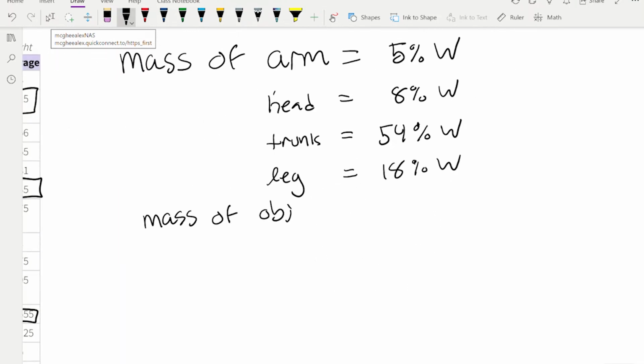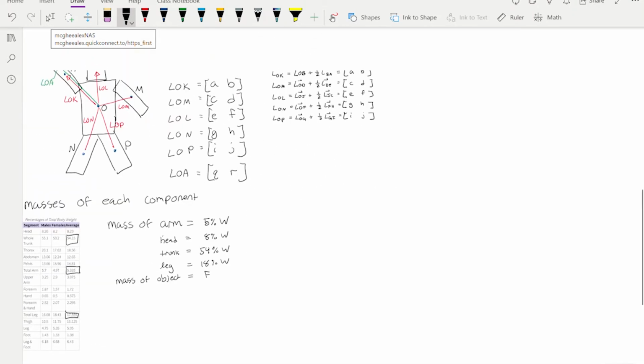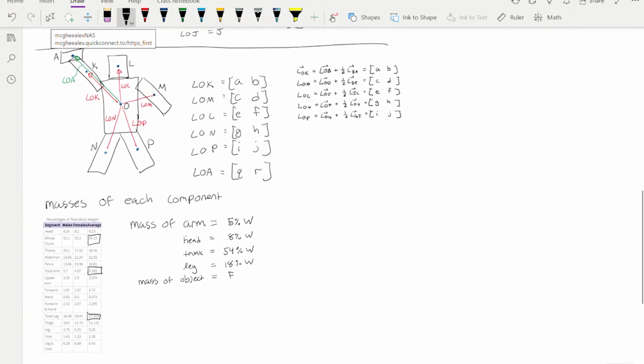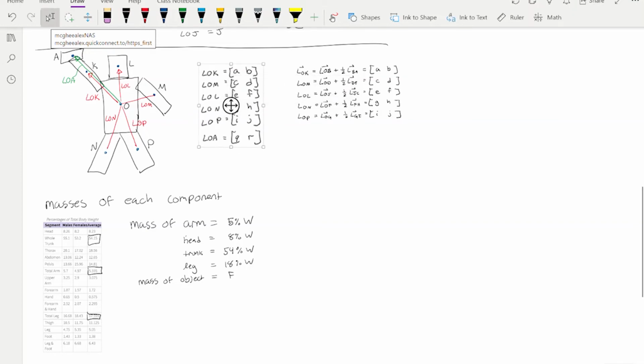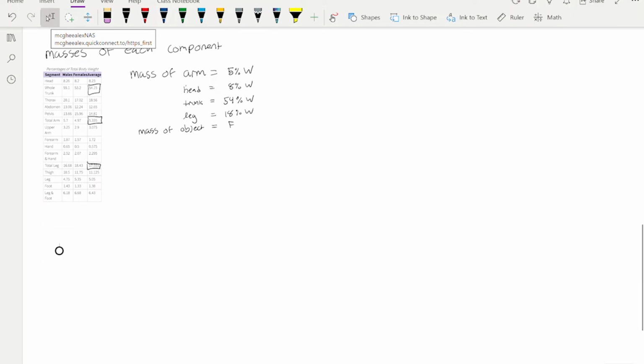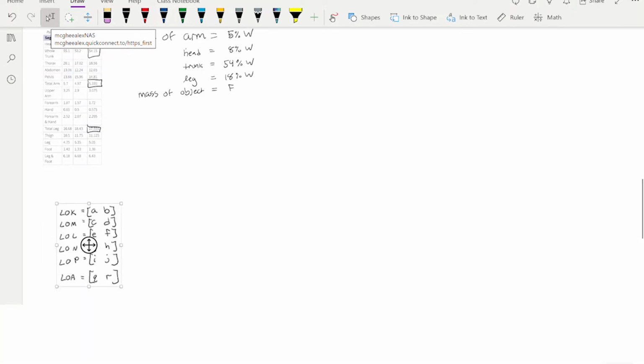Right. So now we can talk about taking these vectors and multiplying them by our masses. So let's make more variables.